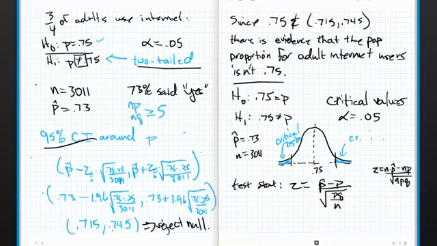Now, remember, if alpha equals 0.05 and we're on the standard normal curve, then that implies that this area over here is going to be 0.025 and this area over here is going to be 0.025 because of the symmetric property of the standard normal curve. Well, we already know what this critical value is.